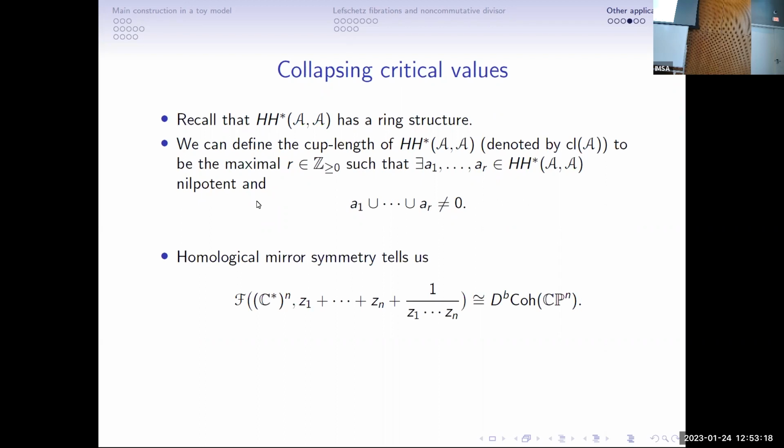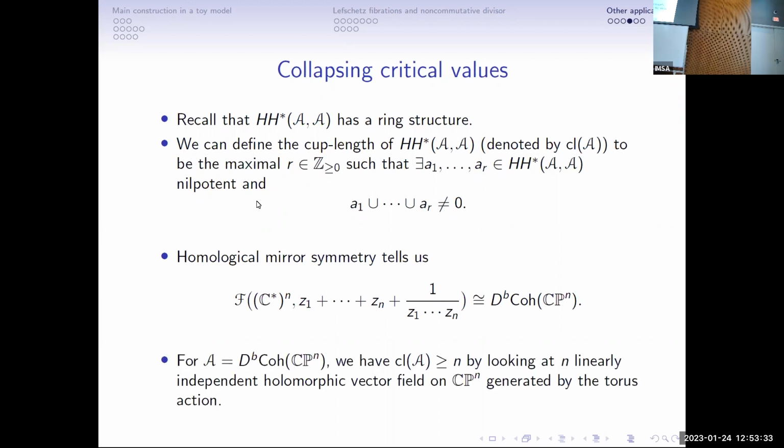Okay, so let's try to investigate its definition in this simple example. Homological mirror symmetry tells us that this Fukaya-Seidel category is equivalent to the derived category of coherent sheaves on CP^n. My claim is the cup length of that is at least n. Why is that true? Let's look at Hochschild cohomology, and by the HKR theorem, we can identify that with the cohomology of holomorphic polyvector fields.